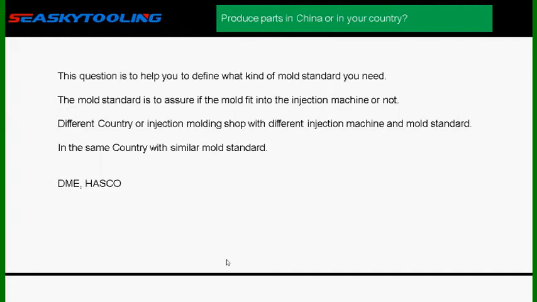In the same country, the model standard is similar. The most common model standards are DME and Haskell. DME standard is popular in USA, while the Haskell standard is popular in Europe.